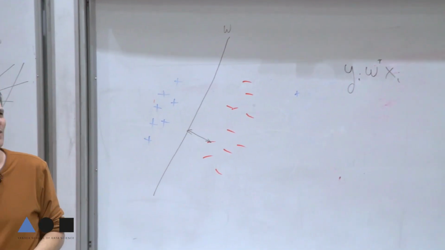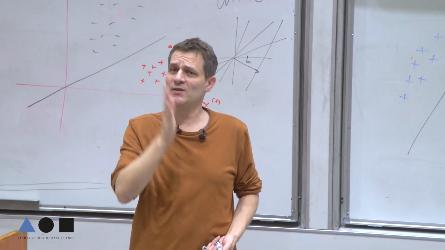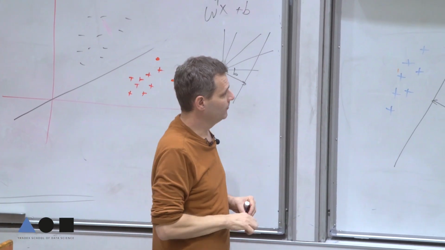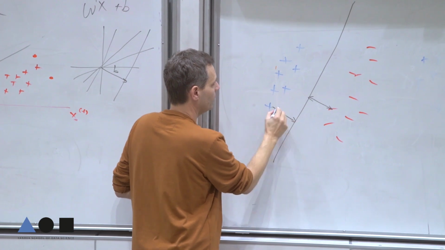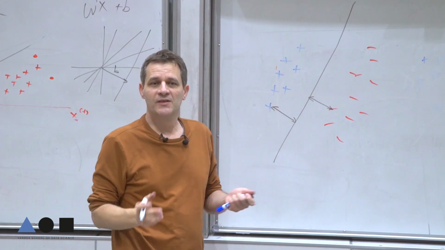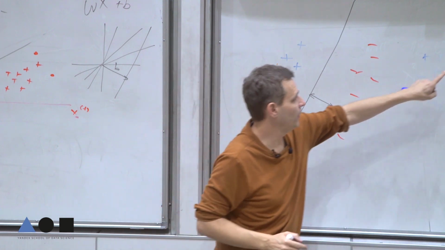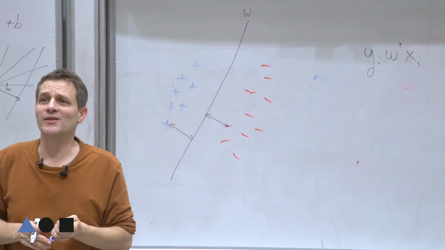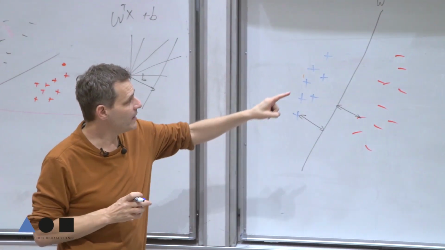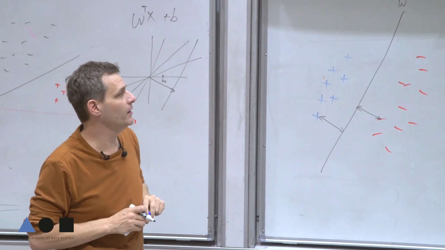We talked about this; this is exactly the distance from the separating hyperplane. Of course, I don't want it to be sometimes negative and sometimes positive, so I multiply by yi. If you're on the right side, it's always positive. So we basically want these to be large.